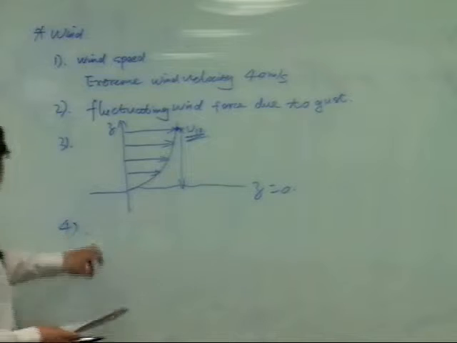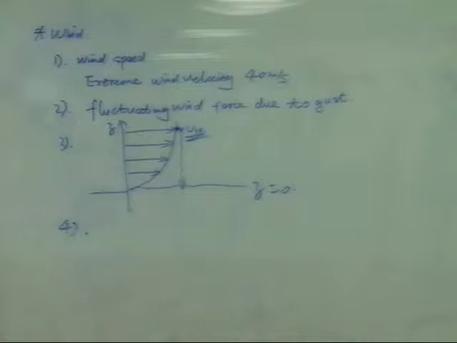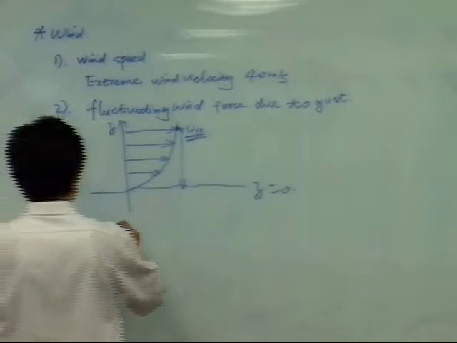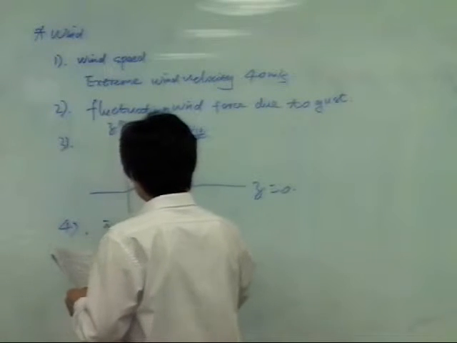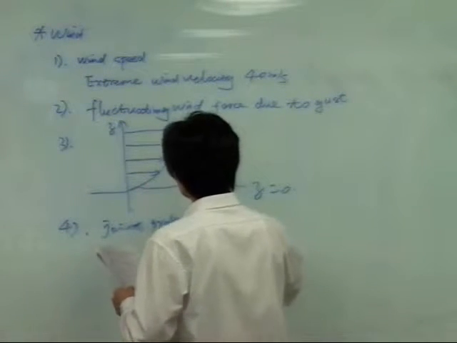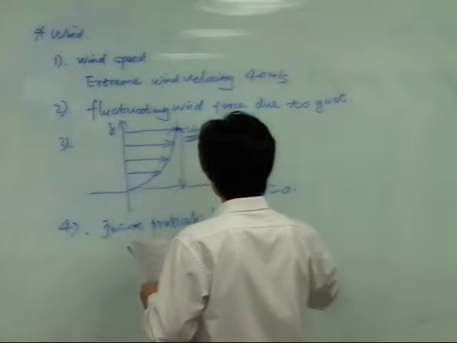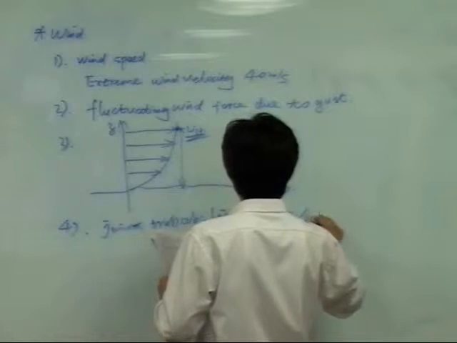The last fact is wind and waves quite often present at the same time, because most of the time surface gravity waves are generated by the wind. So quite often we need to know the joint probability between the wind and wave.